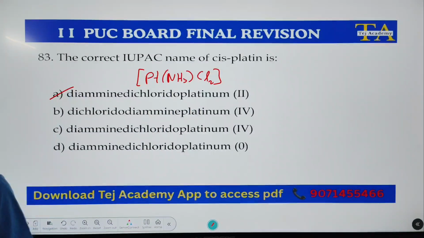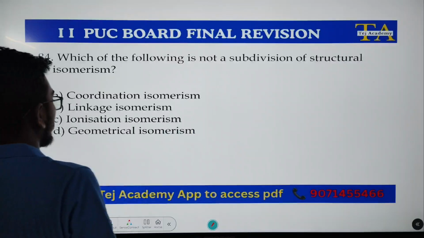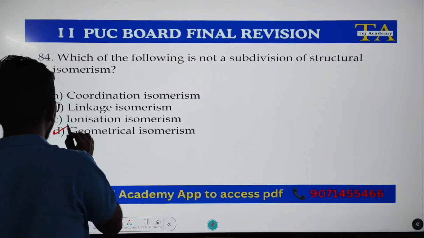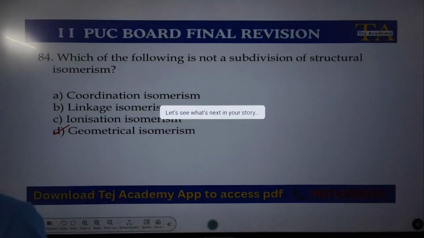Now 84th question. Which of the following is not a subdivision of structural isomerism? Geometrical isomerism is not a subdivision of structural isomerism. Yes.